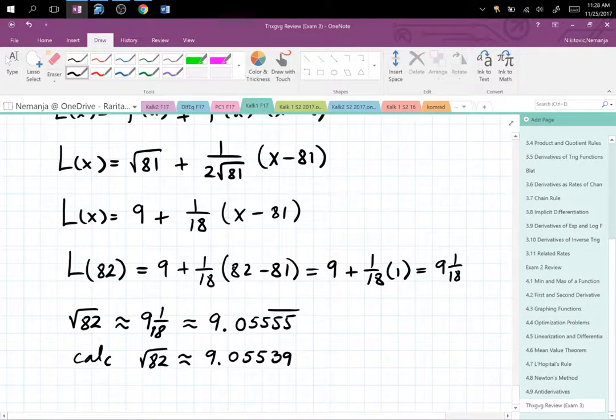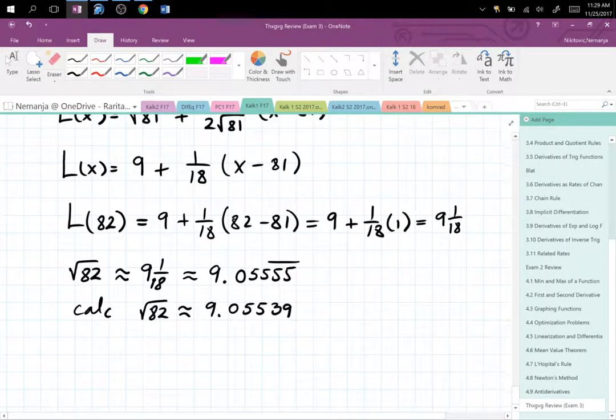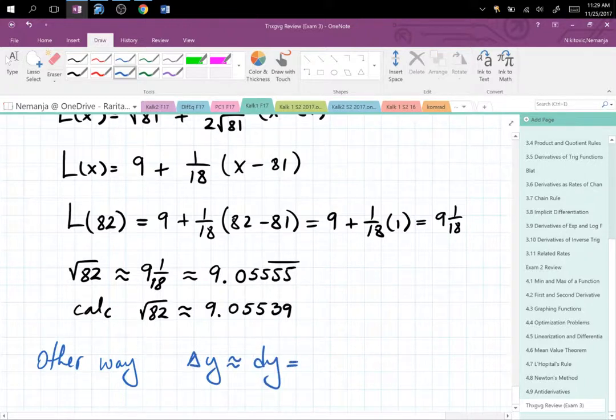So that was a pretty good calculation for square root of 82 without a calculator. We are really close. Now the other way is to use differentials, where delta y is approximated by dy, which is equal to f prime of x times delta x. Now we know that delta x and dx are the same thing.